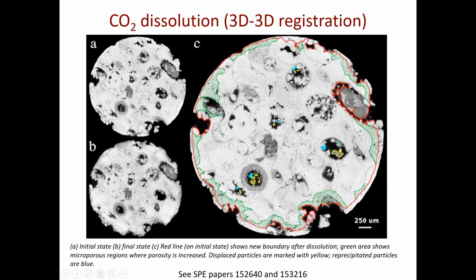So here's an example where we had CO2 dissolution, and this was a 3D image to 3D registration. Cross correlation in 3D is heavy. If I did this entire process working with boxes over boxes, you've got to do this with one image centered at every pixel.